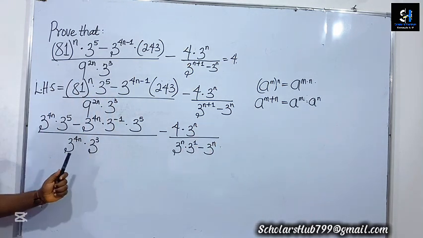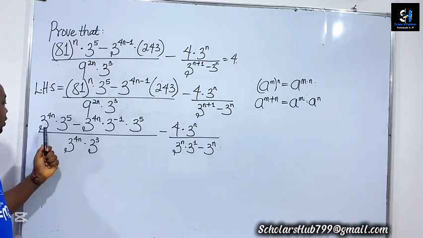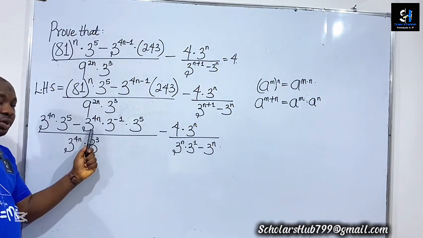Now let's factor out 3 raised to the power of 4n in the numerator.